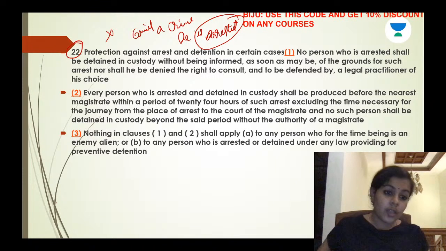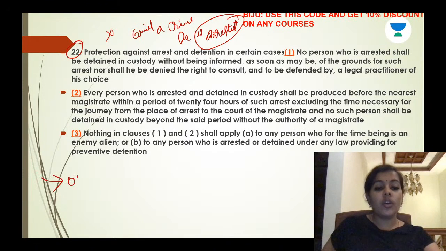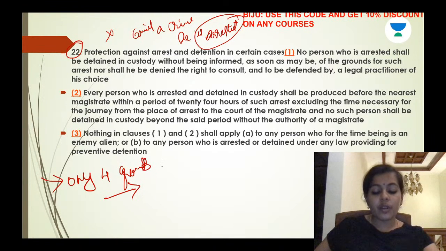Okay, one more important thing, you can make a note on it. Only on 4 grounds can preventive detention be enforced. What are the 4 grounds?